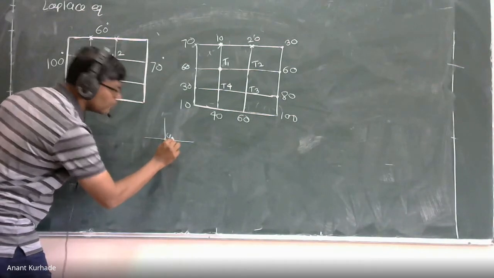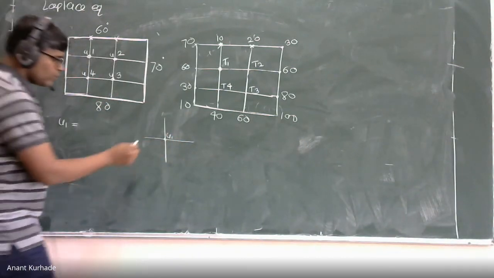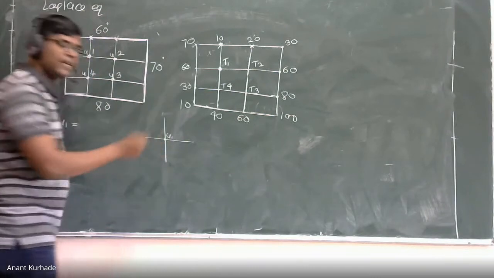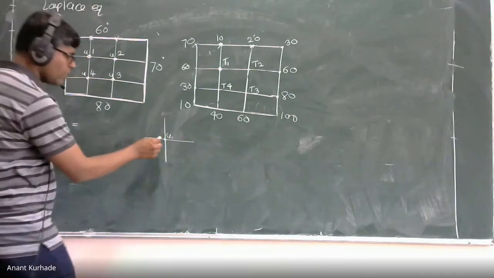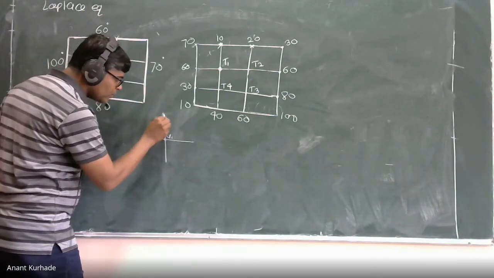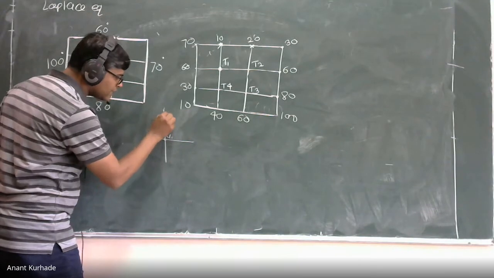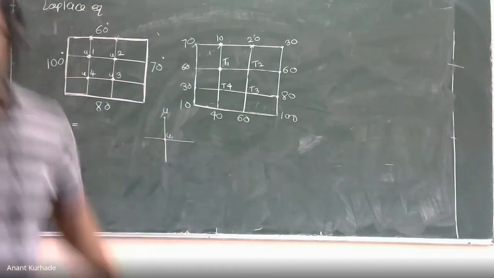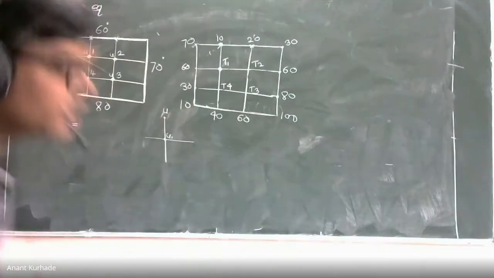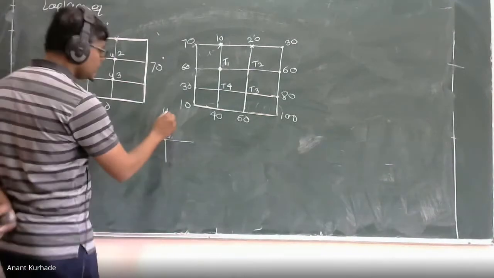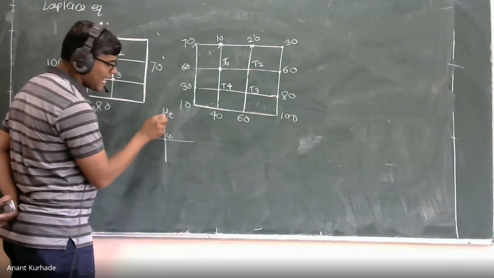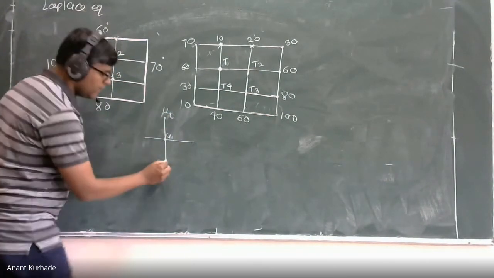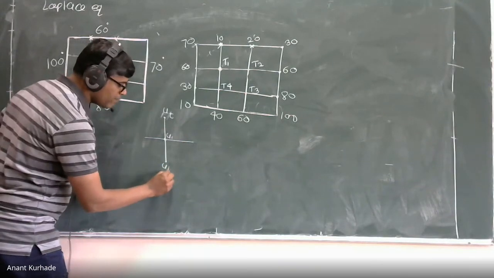So we have to find the temperature at U1. Now this above value, you can say it is UT. In some books it is UL. UT means value at top, and here we can see it is value at bottom.